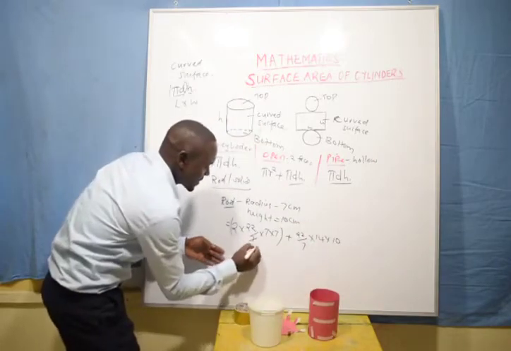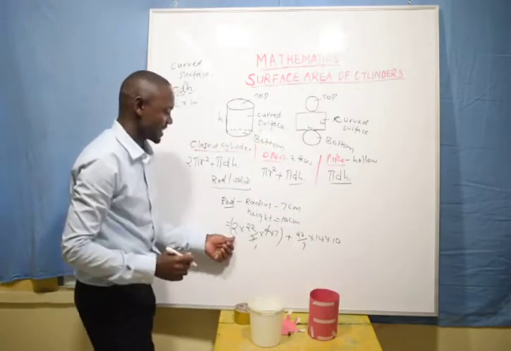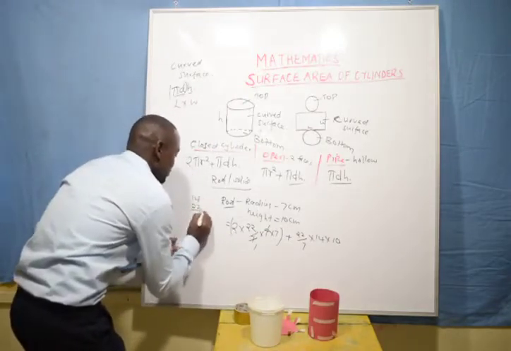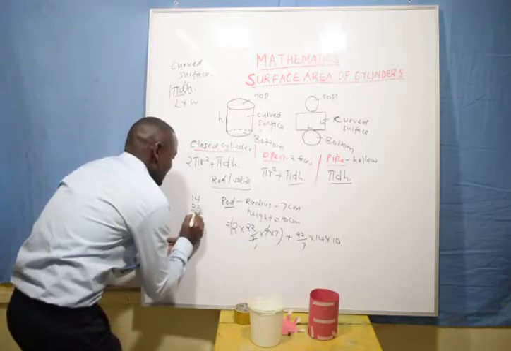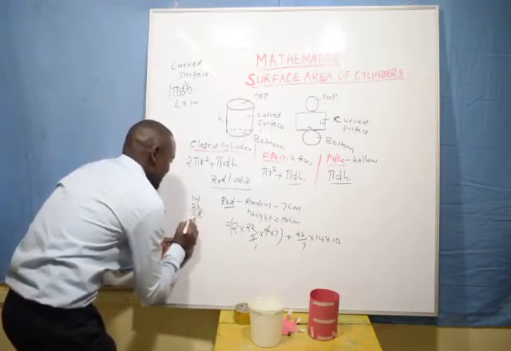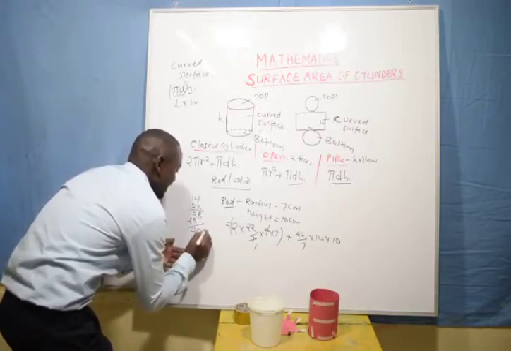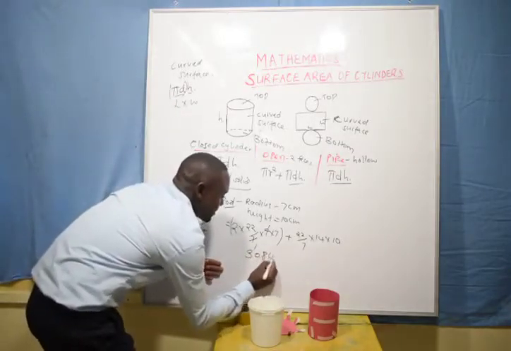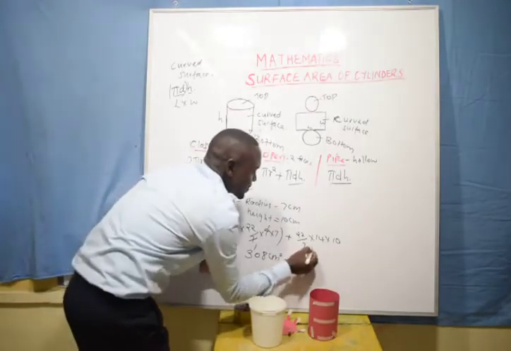So by 7/1 by 7/1, this is 14 times 22, which is 308. So here we have 308 centimeters squared plus 22/7 times 14 times 10.